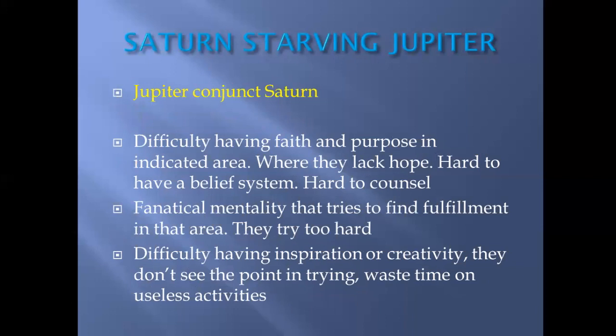Okay, now Saturn starving Jupiter. And this happens when Jupiter is conjunct Saturn, when they're together. So the person will have difficulty having faith and purpose in the area that's indicated. But this area will be where they lack hope as well. Saturn will give that sense of not having hope, because they will not have a belief system, and they will also be hard to counsel.